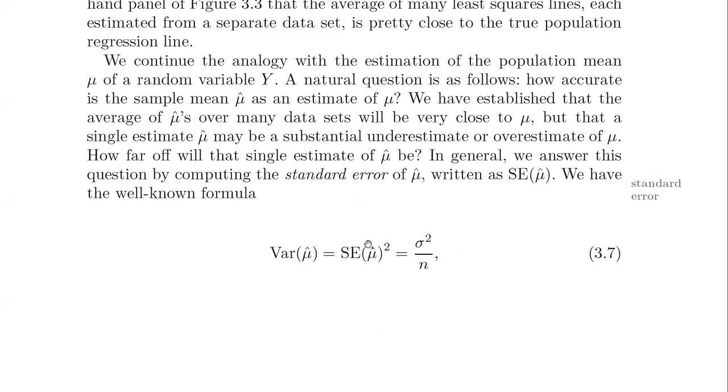When I say rewards you, you want your standard error to be as low as possible. It rewards you for taking a larger data set, so you get a larger reward depending on how large your data set is. It penalizes you, and in fact, that penalization is squared, based on the standard deviation.